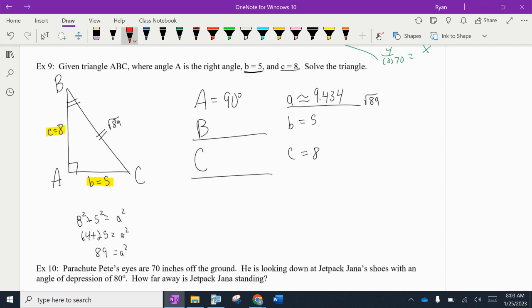So from angle B, 5 is the opposite, c is the adjacent. The trig function is tangent. The tangent of angle B is equal to the opposite of 5 divided by the adjacent of 8. It is TOA. We're trying to find the angle. We want to get angle B by itself. This is the time we'd use the inverse. So B is the tangent inverse of 5 over 8.